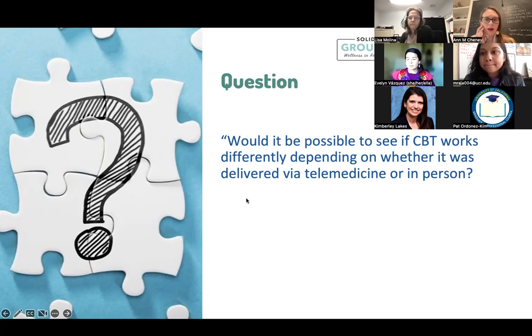Okay. So if Lisa is our partner, we're partnering with Solid Ground Wellness and Recovery, and we want to replicate how they deliver telemedicine and how they deliver in person, then we want to think through patient health information, things like that. We want to make sure that our participants have access to audio phones, and that they know that part of being in this study is to use those audio phones when they access their telehealth session, so that they're following our expectations for being part of the study.